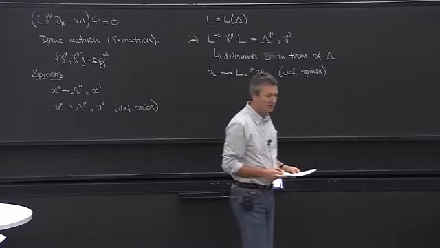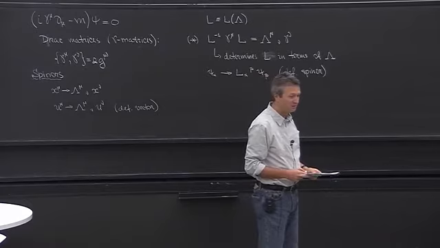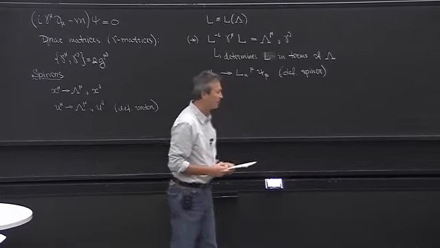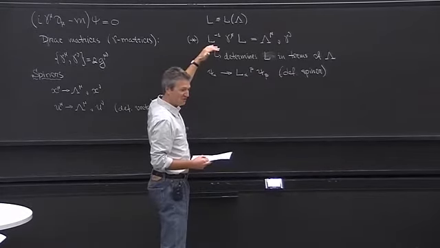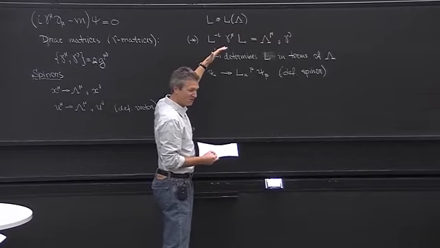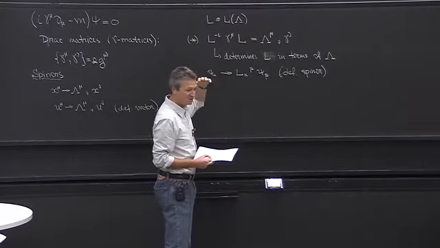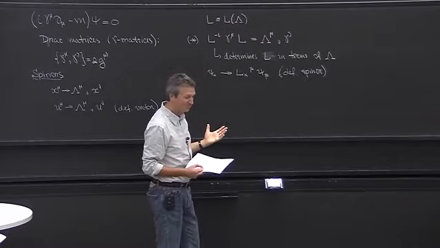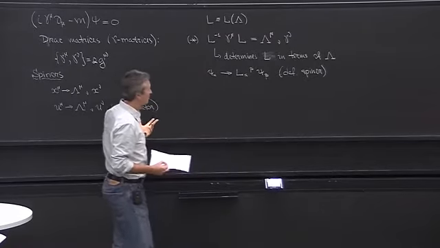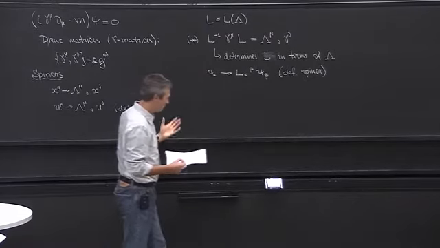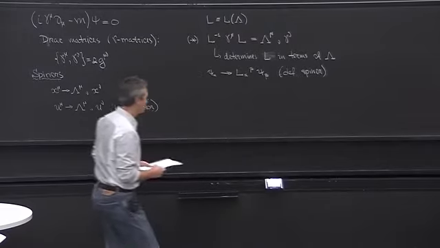Yes? Where does this equation start from? Why does that determine L in terms of lambda? Well, this is just a definition. So I give you this as a definition. Why this definition is useful should become clear from the following two statements.